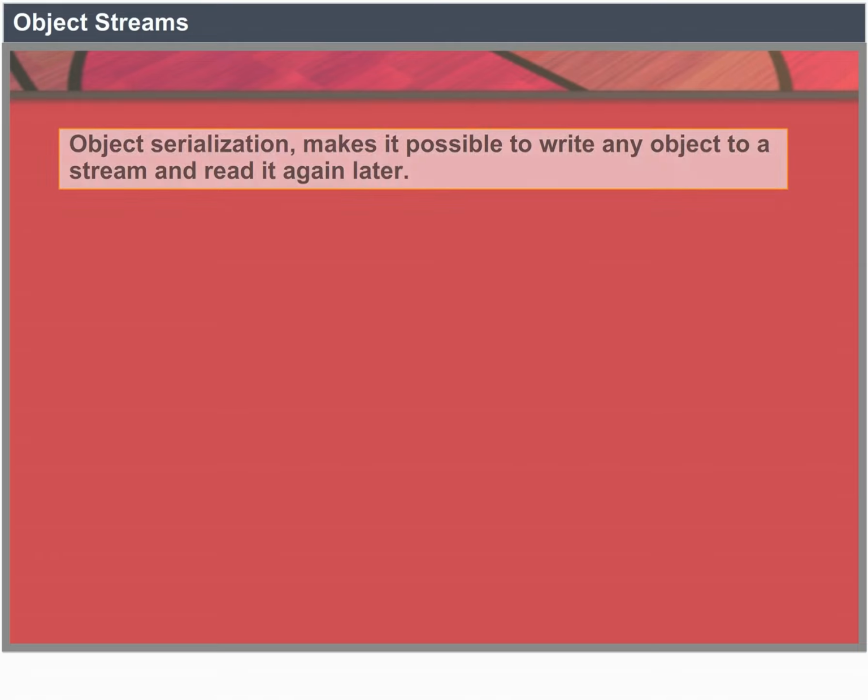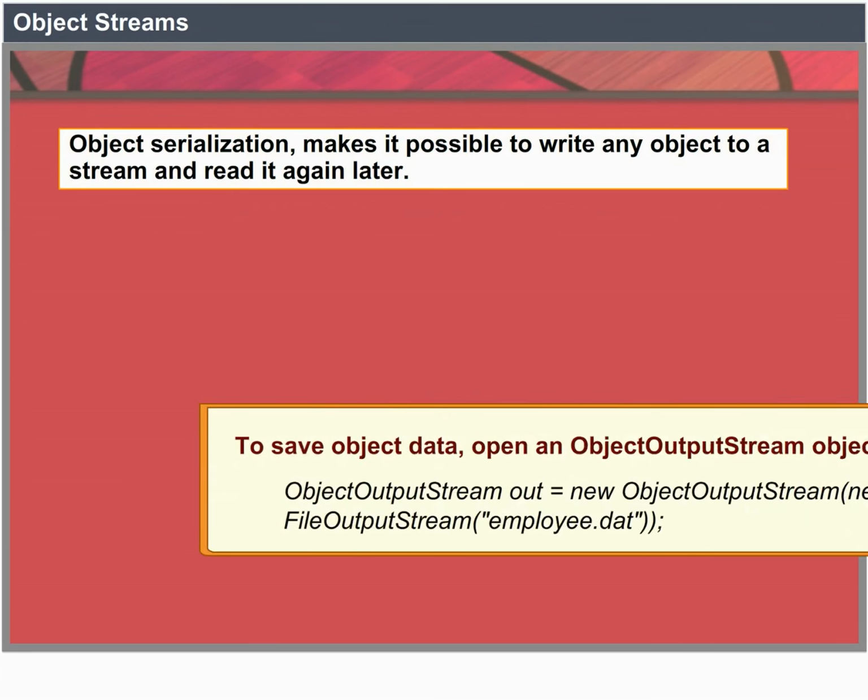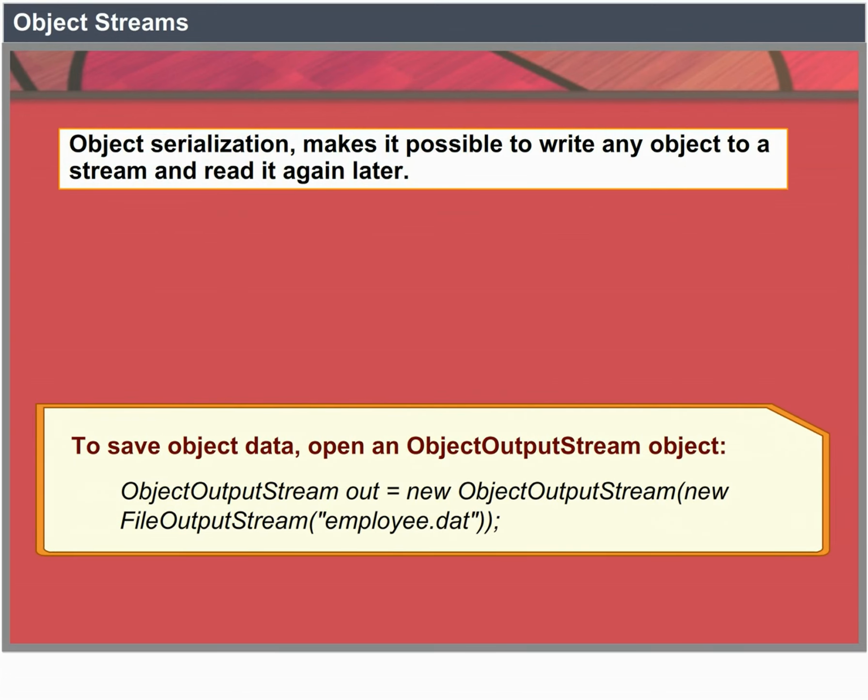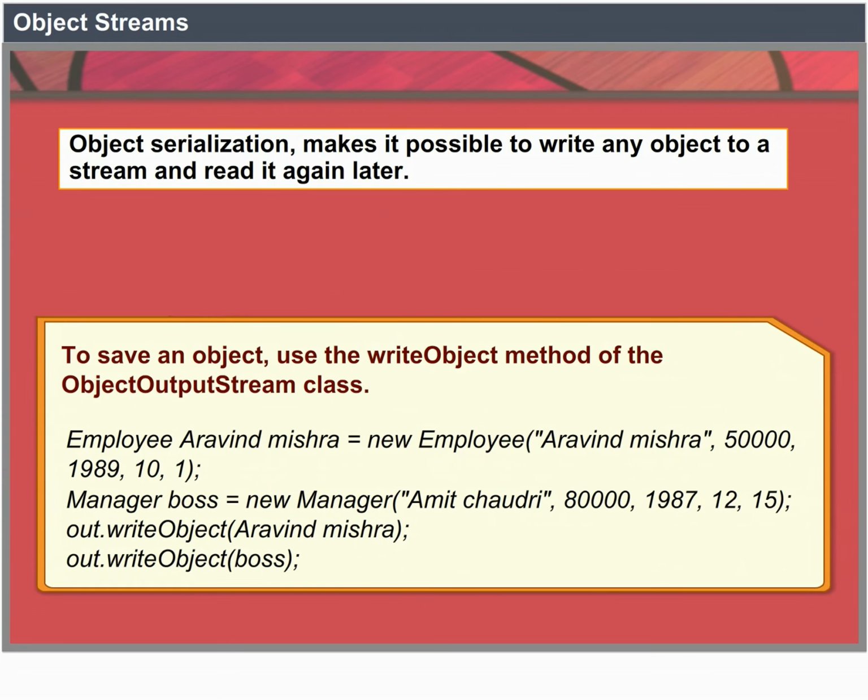Object streams. Object serialization makes it possible to write any object to a stream and read it again later. To save object data, open an ObjectOutputStream object: ObjectOutputStream out = new ObjectOutputStream(new FileOutputStream("employee.dat")); To save an object, use the writeObject method of the ObjectOutputStream class.